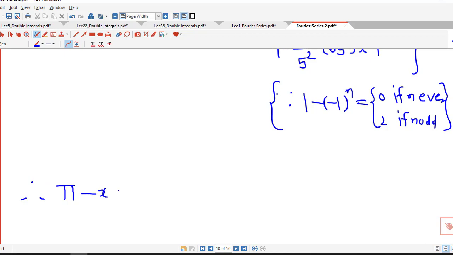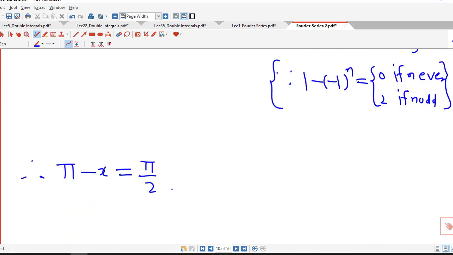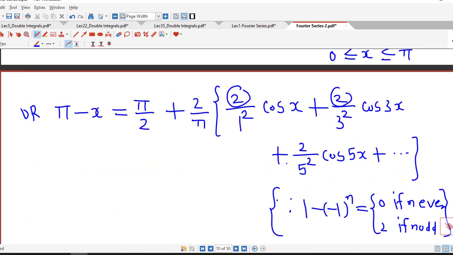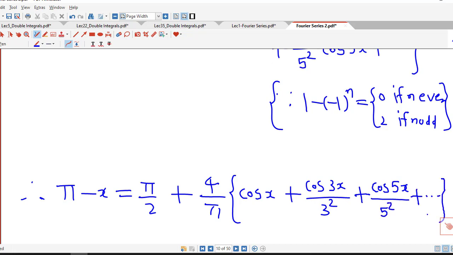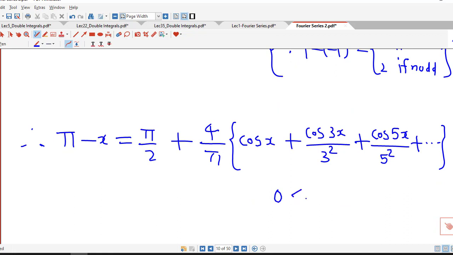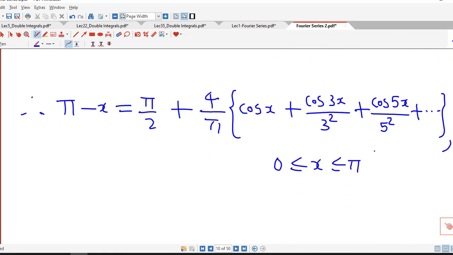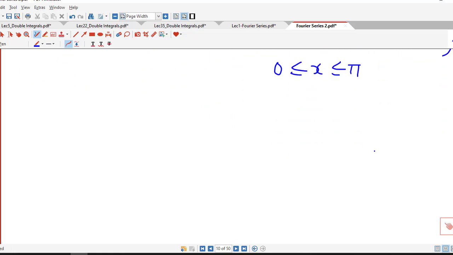So therefore pi minus x is pi by 2 plus 4 divided by pi, and we have cos x by 1 square plus cos 3x by 3 square plus cos 5x by 5 square, and so on. x is in between 0 and pi. So we have expressed function pi minus x as a Fourier cosine series.